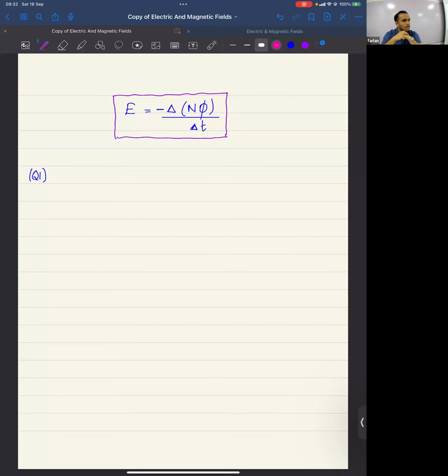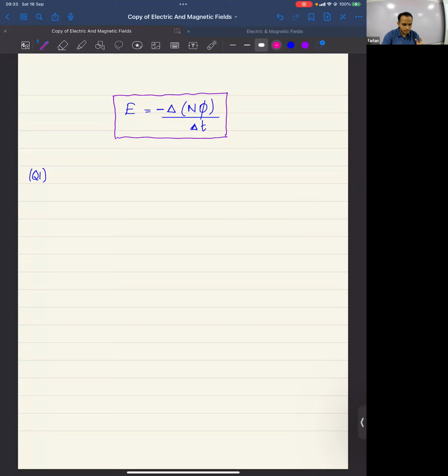Change. N means what? Number of turns. Phi means what? Magnetic flux. So N into phi means what? Magnetic flux linkage. t means what? Time. So delta N phi means what? Change in flux linkage. So delta N phi over delta t means what? Rate of change of flux linkage.